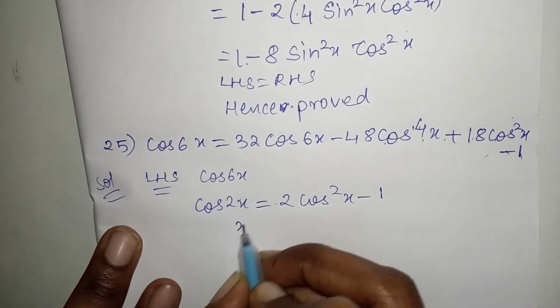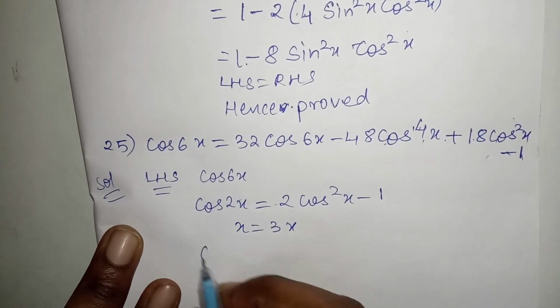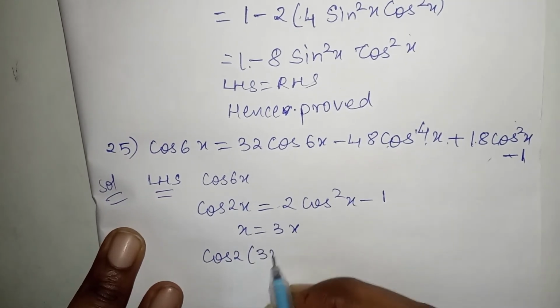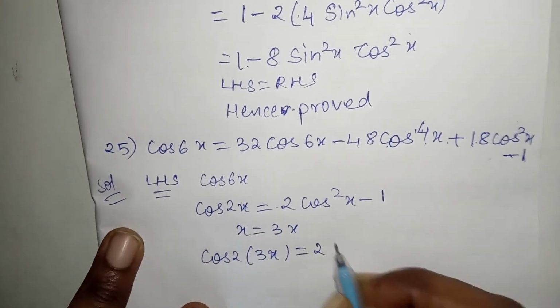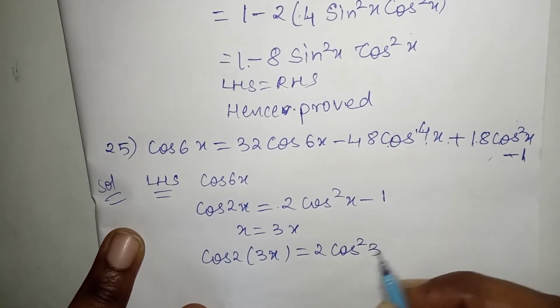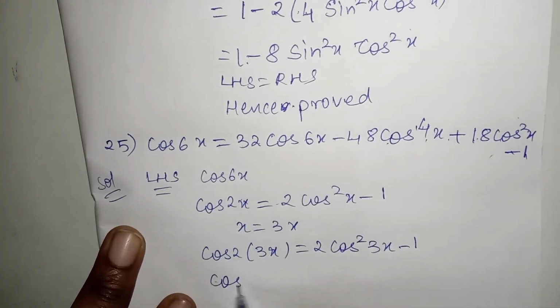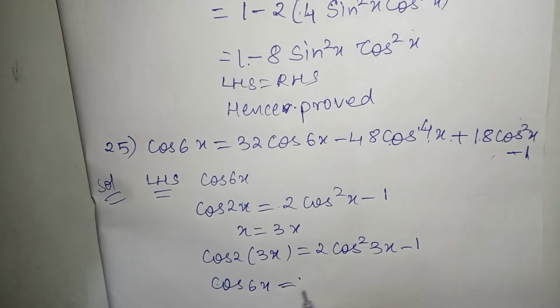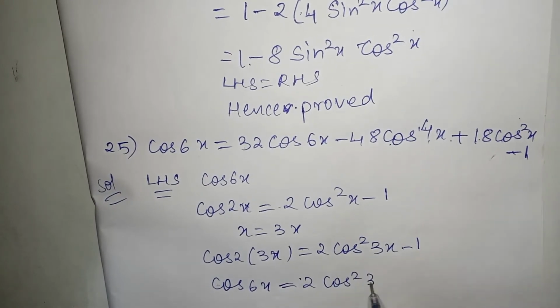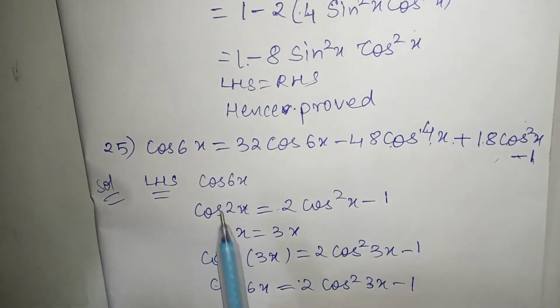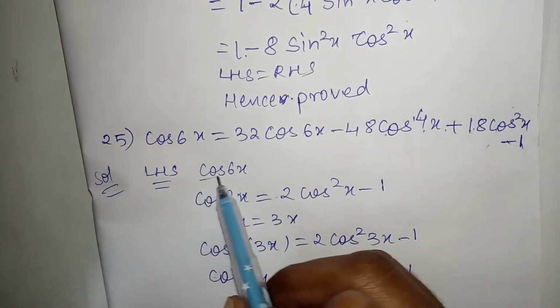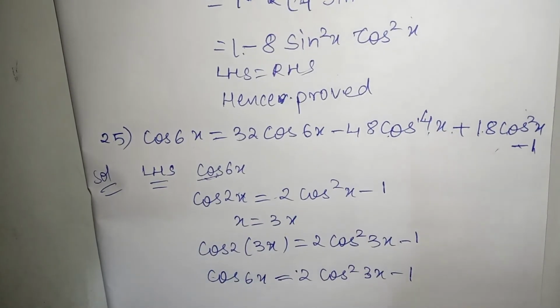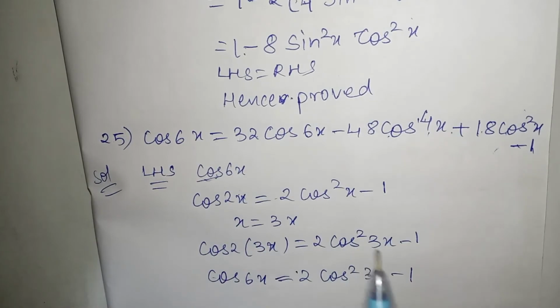So if we keep 3x in place of x, what will happen? In place of x we have 3x, so cos 6x will become 2 cos square 3x minus 1. Why am I keeping this? Because we need the cos formula. In the previous question I took sine. Why?